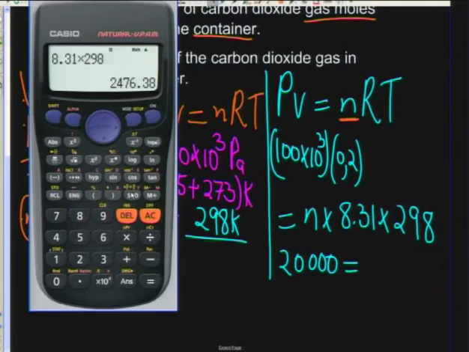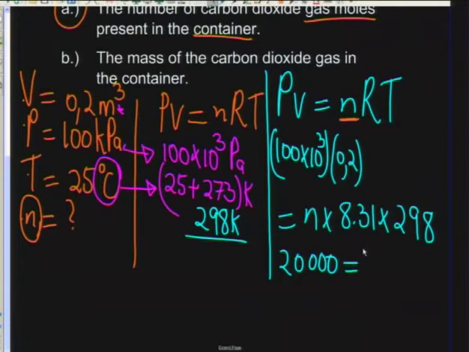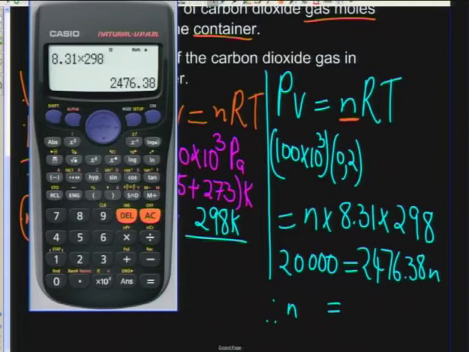That's 2476.38 N. Therefore, my N is equal to this 20,000 divided by 2476.38.